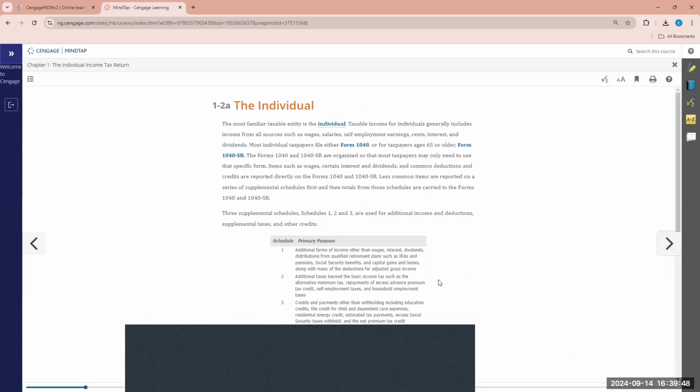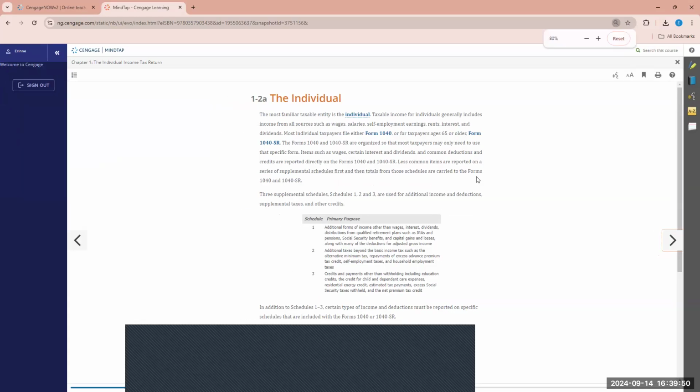All right, so the most familiar taxable entity is individual. Taxable income for individual generally includes income from all sources. So gross income is not necessarily defined by the IRS, but a basic definition is income from all sources no matter where the source was derived, essentially.